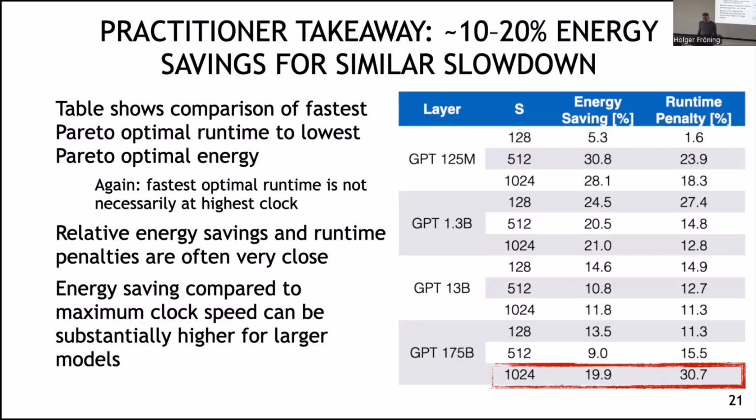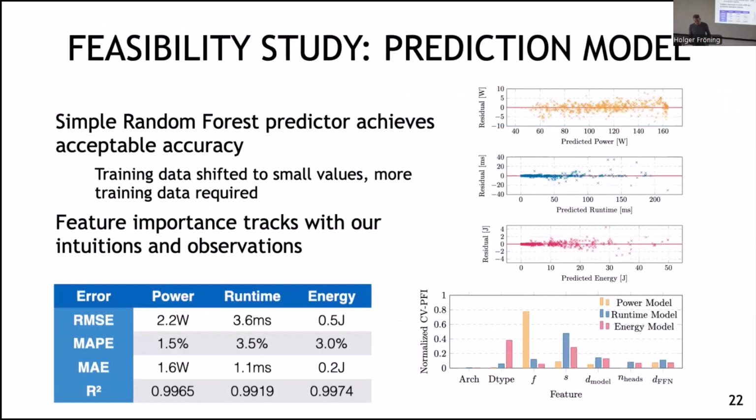It's a very simple experiment: simply running many experiments to get the data, measure the data. And then we trained a very simple random forest predictor on predicting power and runtime, therefore energy, with the main idea that we hope we can use this predictor also in a scheduler setting where the system automatically finds out what the right DVFS setting is.